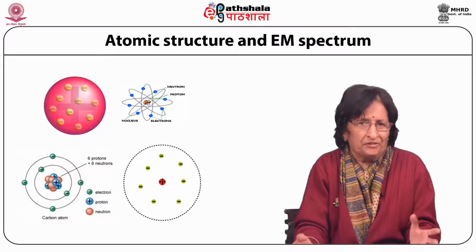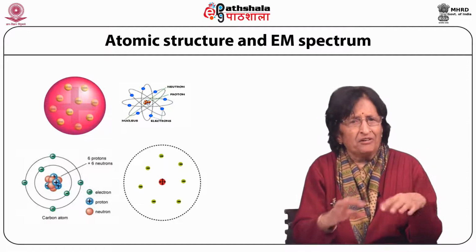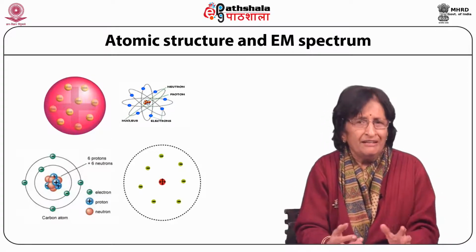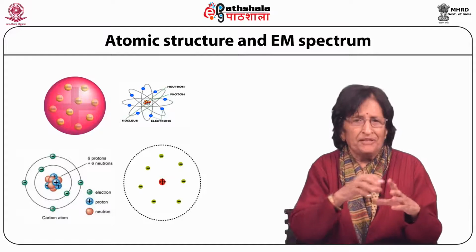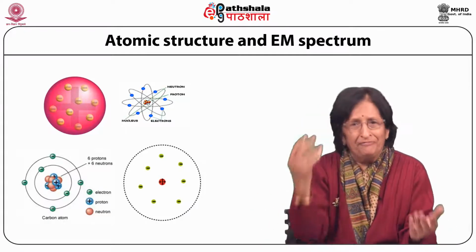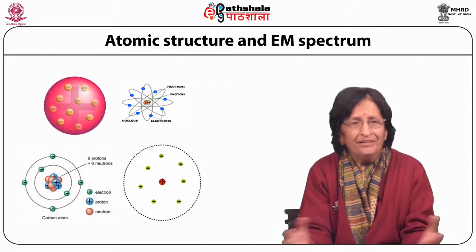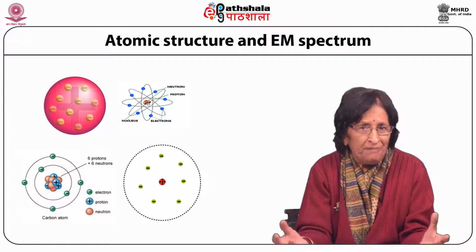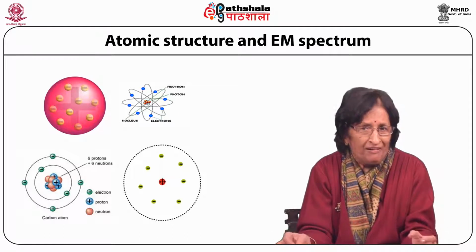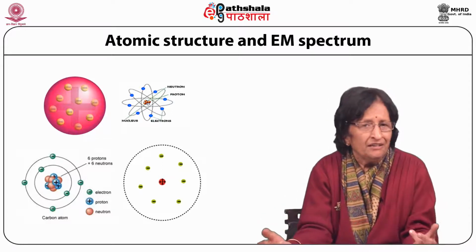So if there are electrons, then they are either surrounding or clouding around the nucleus and not so visible. So when he did the Rutherford scattering experiment of alpha particles, a very famous experiment, he found at that time that the whole atom is almost empty, that the nucleus is very small and electrons are only clouding around that nucleus.